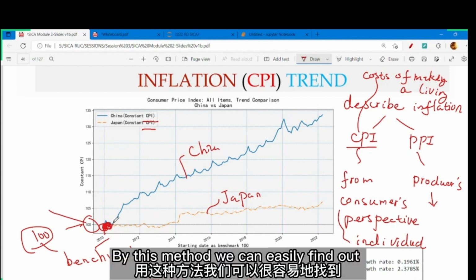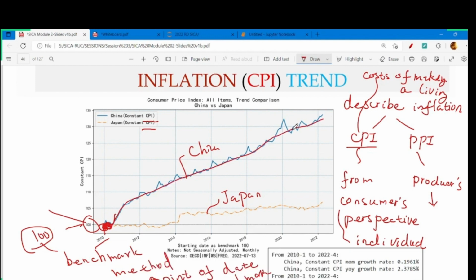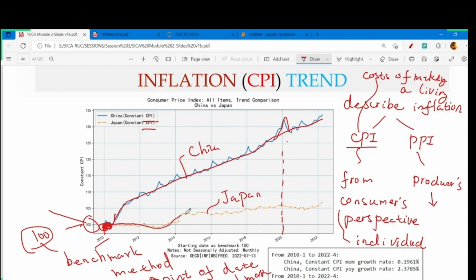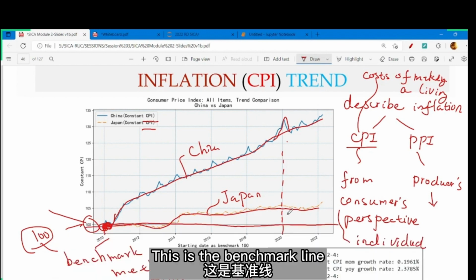By this method, we can easily find the curve for China's CPI. It's sometimes even higher here, in 2020. And this is the curve for Japan. Here we have the dotted line as the benchmark line.